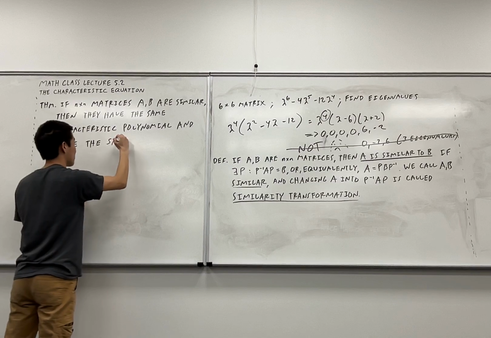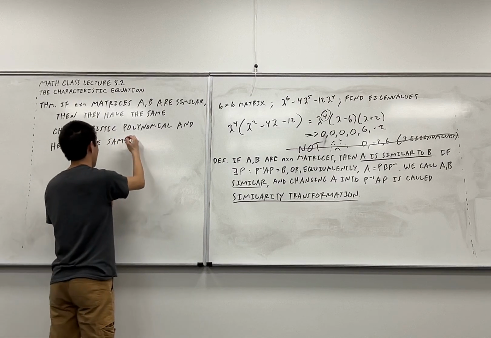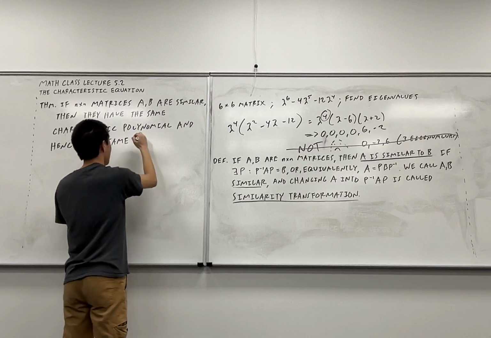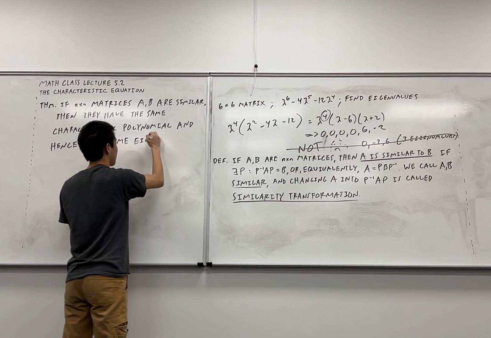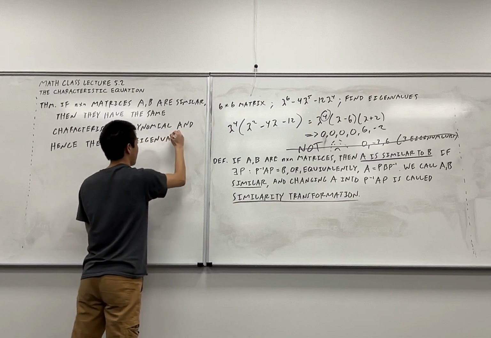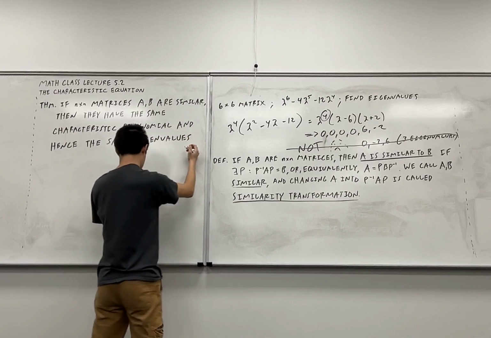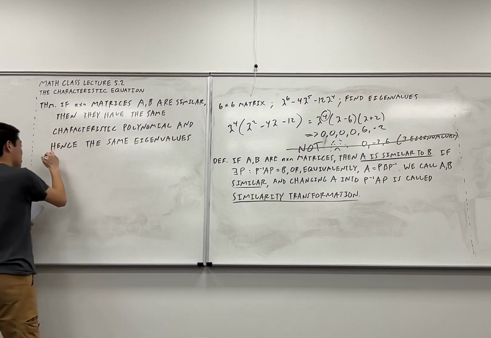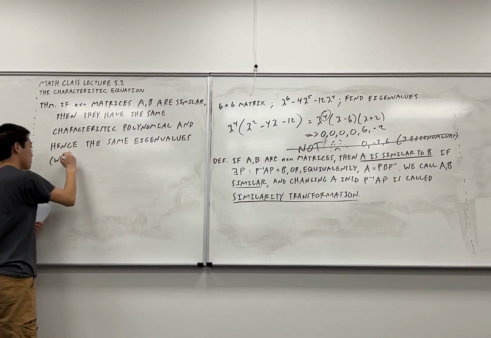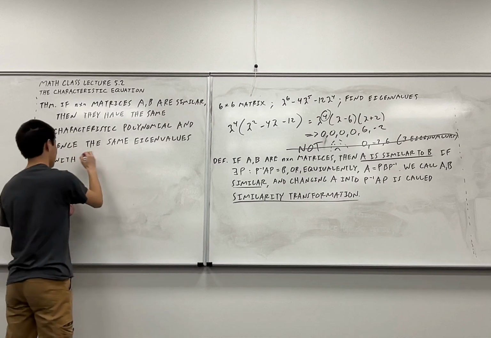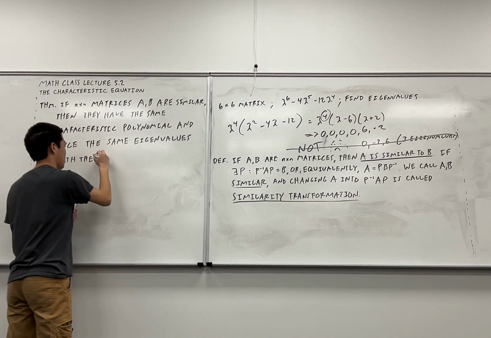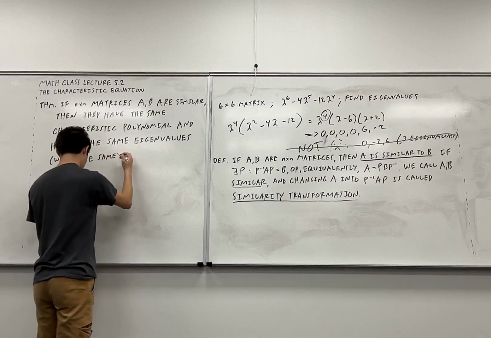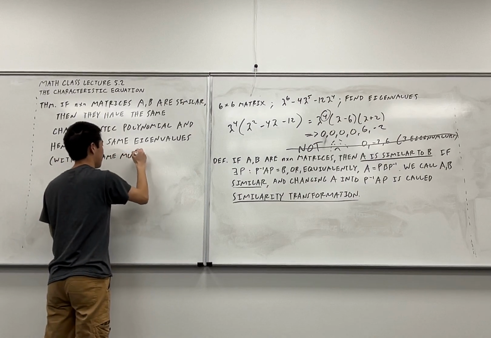What might we care about that this entire chapter is kind of titled? Eigenvalues. And even further, not just the same eigenvalues, but preserving their multiplicities as well, with the same multiplicities.